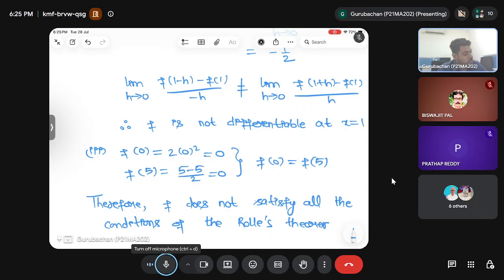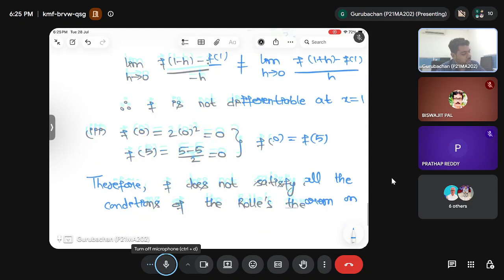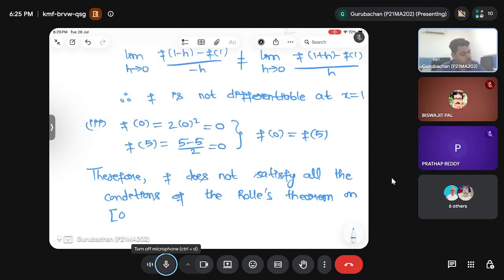On which interval? Since we have taken the whole interval 0 to 5, we can say that on the whole interval 0 to 5, our function does not satisfy the conditions of Rolle's theorem. So we cannot guarantee the existence of such a c such that f dash c is 0.